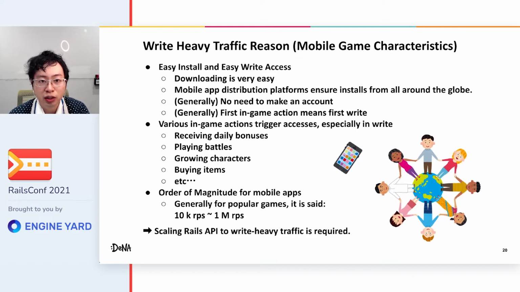Secondly, various in-game actions trigger accesses, especially writes, such as receiving daily bonuses, playing battles, buying items, and so on. Generally speaking, the order of magnitude for mobile apps ranges from 10 kilo requests per second to 1 mega requests per second. Therefore, scaling API to write-heavy traffic is required here.